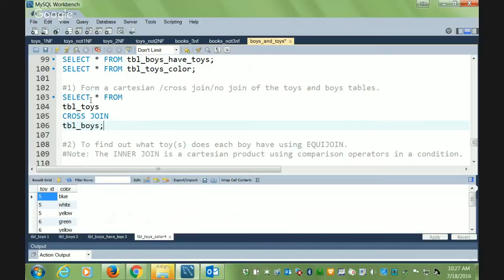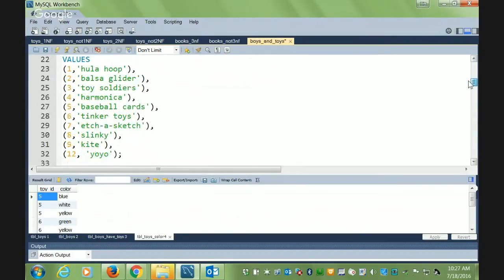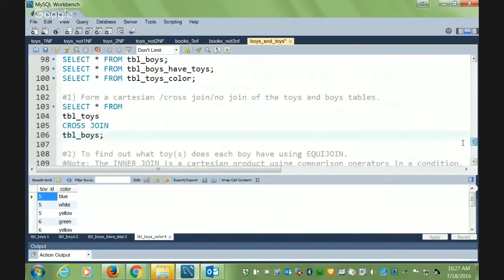So how many should I have? Let's look at table toys. How many in table toys? We had 10, right? And how many in boys? We had 6. We'll have 60 records here. That's just a cross join. That's what it does. Give it a try. We'll do one at a time so that we only have to look at the last answer. Give it a go.